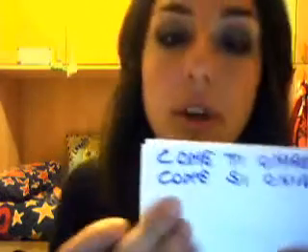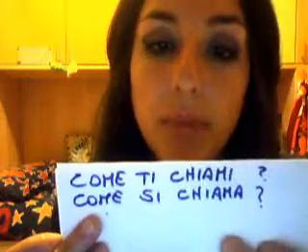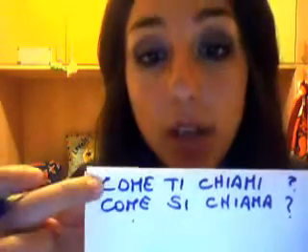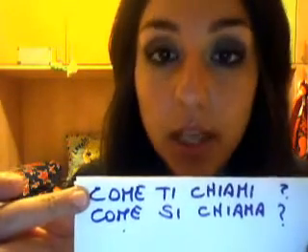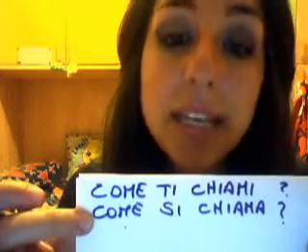It's the third singular one that, as I explained, is the formal one, because it's the form we use to say lei to somebody else. So if I'm speaking with a person of my age, I use the first one, come ti chiami? If I'm speaking to someone else, come si chiama?